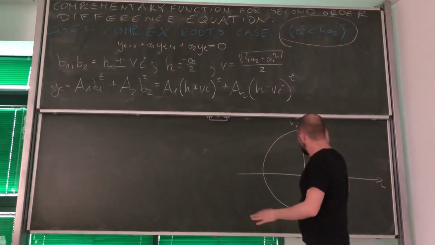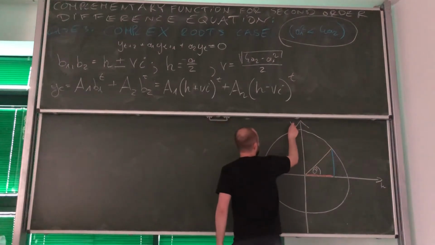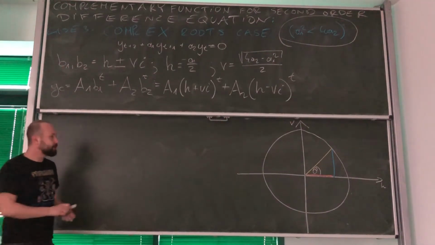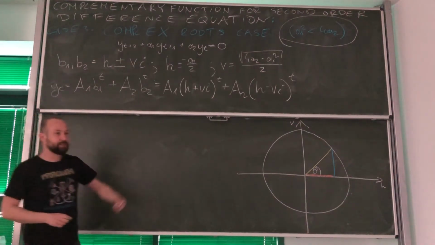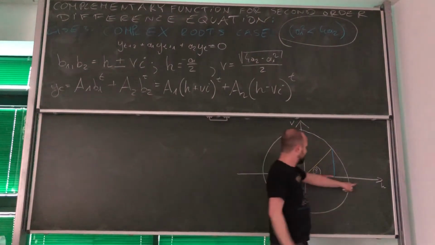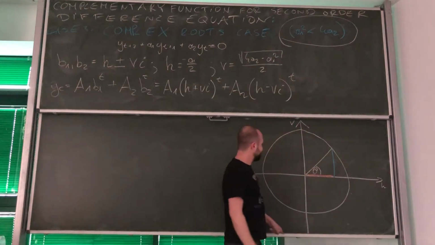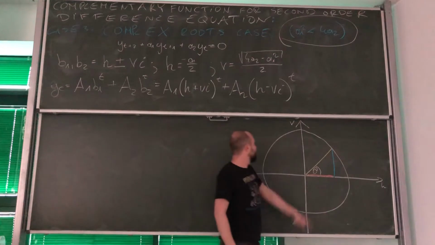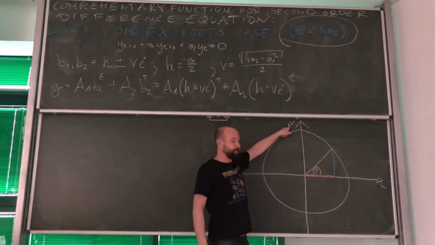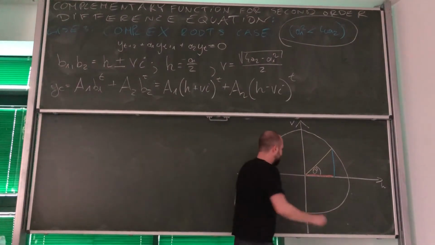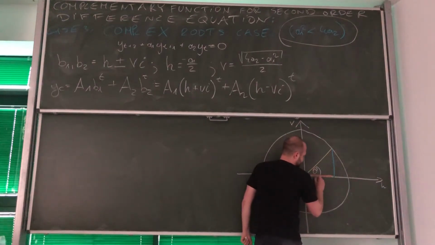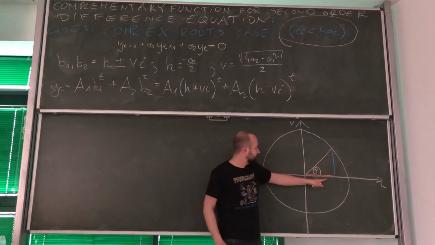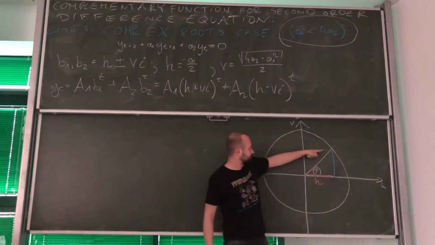Okay, so let's now imagine that this is a perfect circle. And what do we have in the circle? Look, here on this axis we've got h, right? And over here we've got v. So look, over here we can say that this is our h, and because this is a right angle triangle, right?